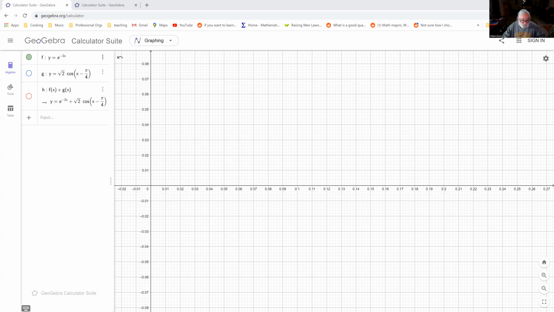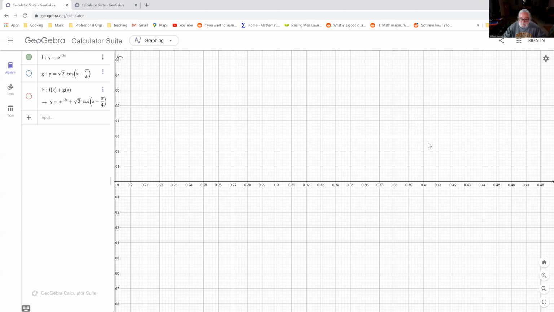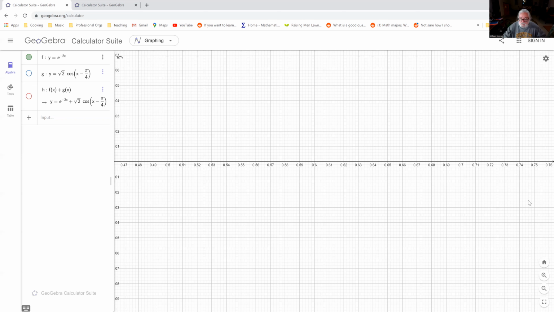I've lost track of where I am. Oh, here we are. Okay, so 0.01 instead of 0.001. So we go out to the right. Exponentials die pretty quickly.